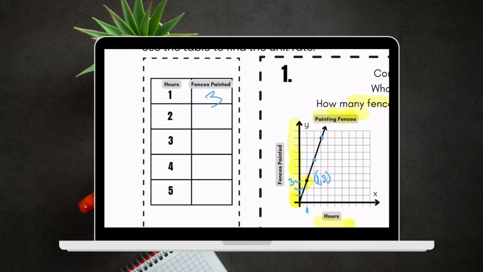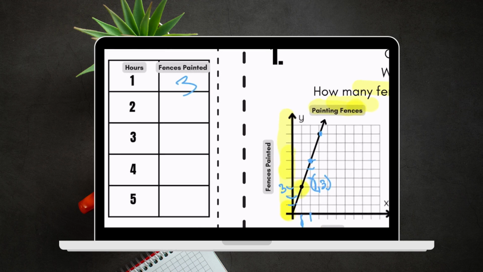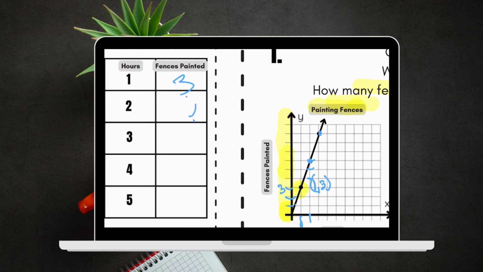Then next, in 2 hours, we would paint 3, 4, 5, 6 fences. So in 2 hours, I would have 6 fences. And then in 3 hours, 6, 7, 8, 9. In 3 hours, I would paint 9 fences.